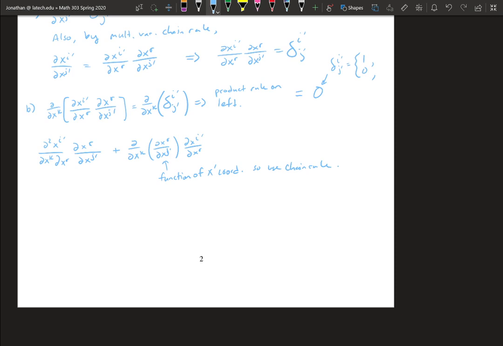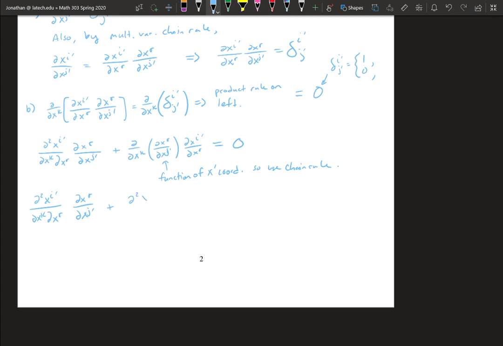To differentiate this with respect to xk. So this is going to be, well, it's already equal to 0. And now this one is just partial squared xi prime, partial xk, partial xr, times partial xr, partial xj prime, plus, well, first I'd have to differentiate with respect to prime coordinates.